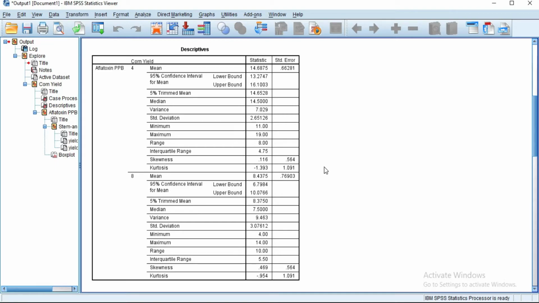And similarly, you see here, if you divide this kurtosis statistic by the standard error, that would be the z-score of the kurtosis. And if this z-score of the kurtosis is greater than 2.5, it means there's a significant kurtosis. And in this situation, the data cannot be normally distributed because of the significant kurtosis.